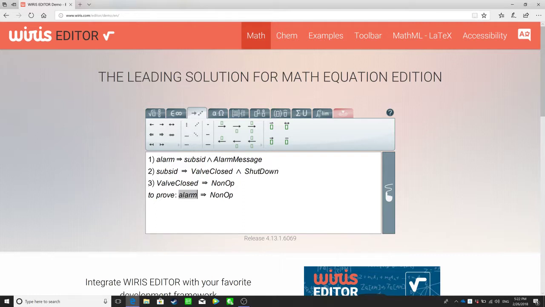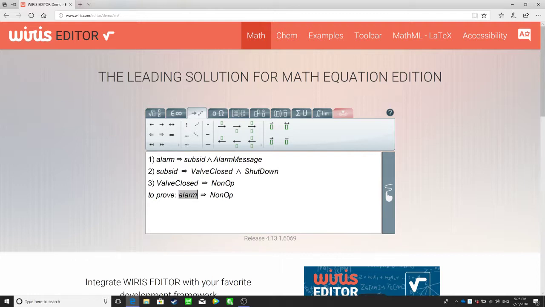So we have 1, 2, 3, and then we have alarm is true, and we want to prove that alarm implies non-operation is true.